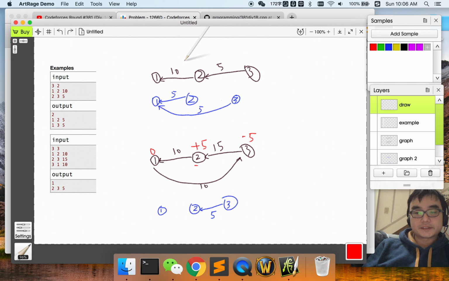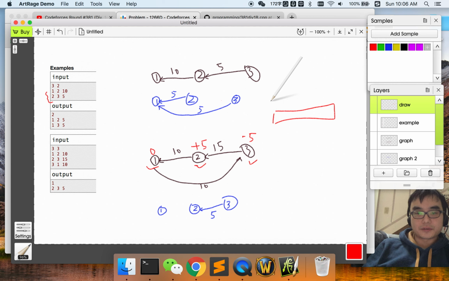So first, we get all the edges in the graph, and then based on the edges, we can calculate each person's balance, right? We can calculate the first person's balance is 0, the second is +5, and the third is -5. Then we have two queues, right?